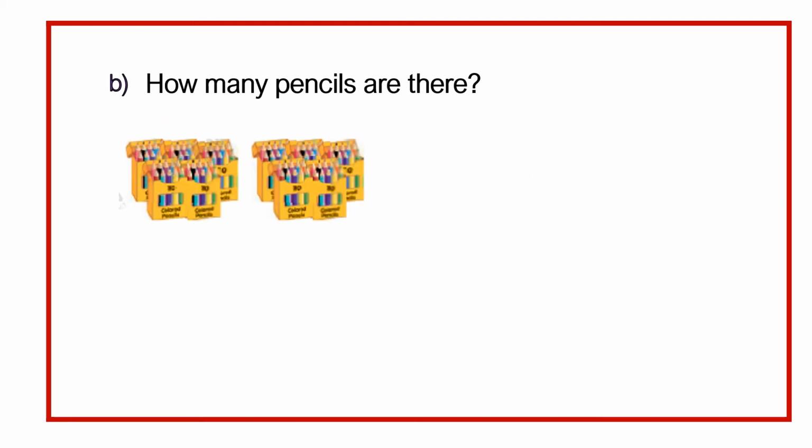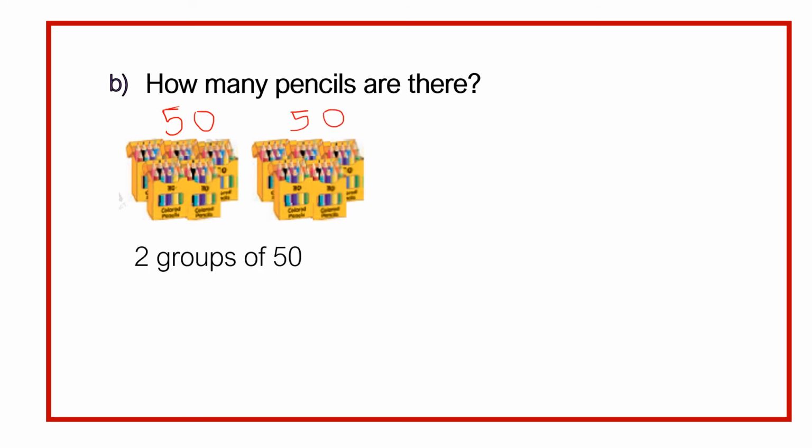So for part B, we have 2 groups, and in each group we have 50 pesos. So we have 50 and we have 50.